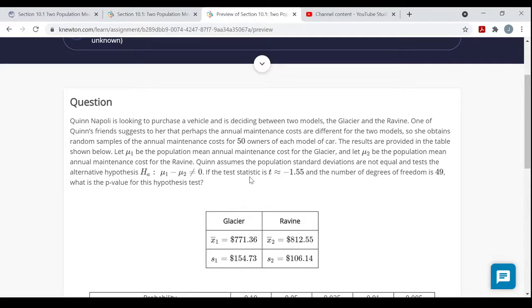If the test statistic came back as a t-score of negative 1.55 for the difference in these sample means, negative 1.55, and the number of degrees of freedom for the t-distribution is 49, what is the p-value for this hypothesis test? All right, so again, I'll go to a piece of paper, write some of this stuff out.